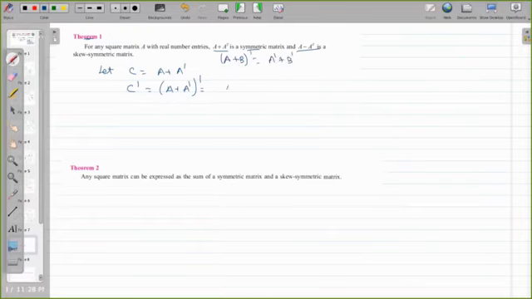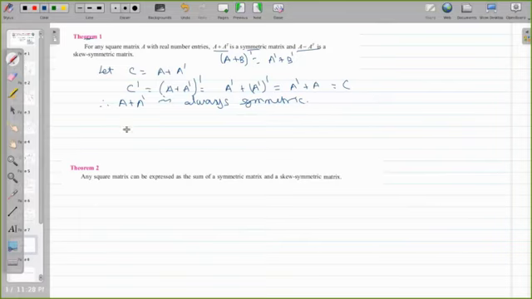In that way, we can write it is A dash plus A dash whole dash. So what will happen? It is A dash plus A. See that I am getting same C itself. So therefore, I can say that A plus A dash is always symmetric. What does it mean? If you add the matrix and its transpose, the resulting matrix will always be symmetric only.